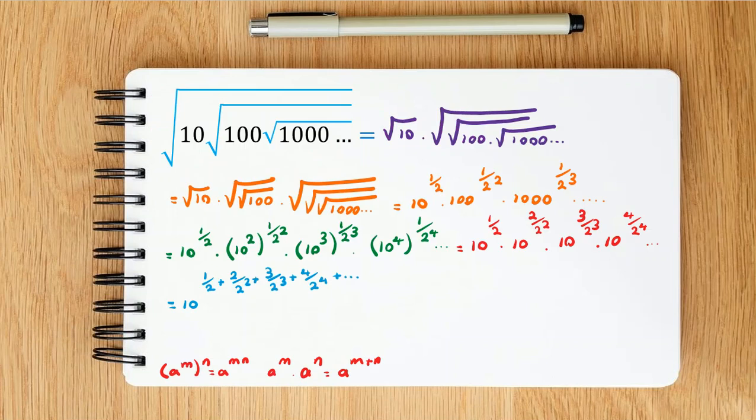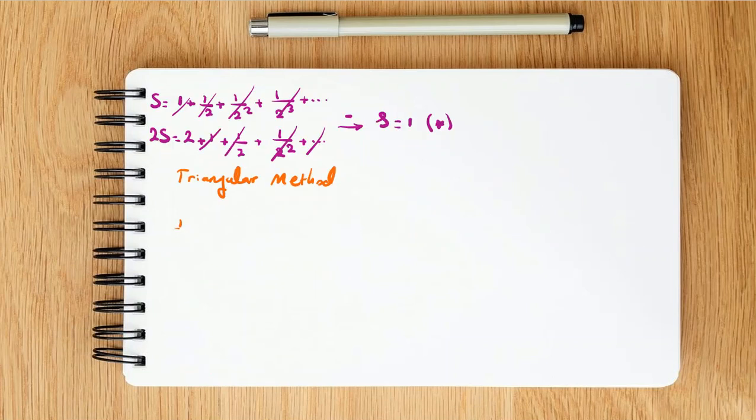So let's write it: 1/2 + 2/2² + 3/2³ + 4/2⁴ and so on.